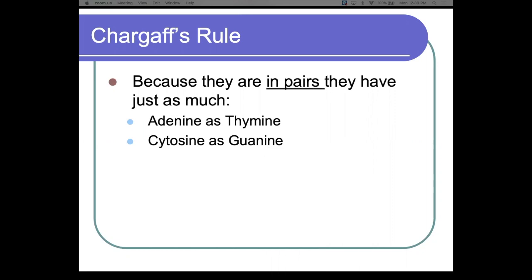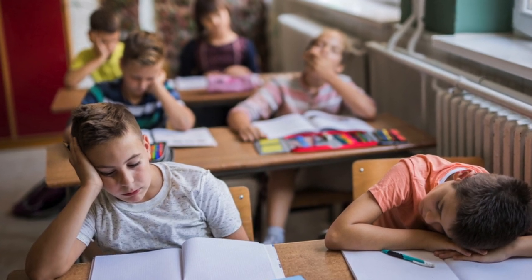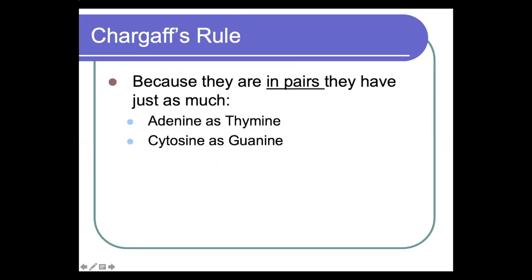Simple understanding there. Because Dr. Chargaff came up with this idea, we can do a little bit of math. Instead of trying to count out every single A and T and C and G in a strand of DNA, which would take forever, with this idea, we only have to count out one of these.